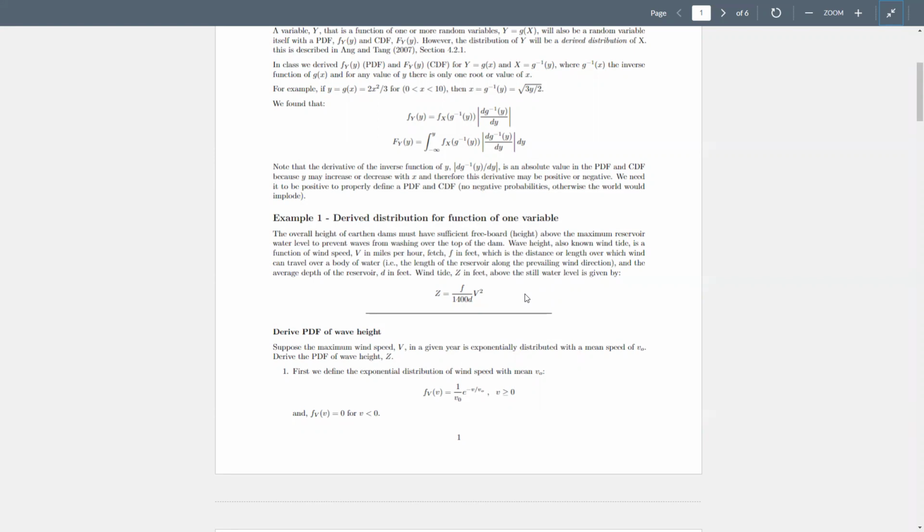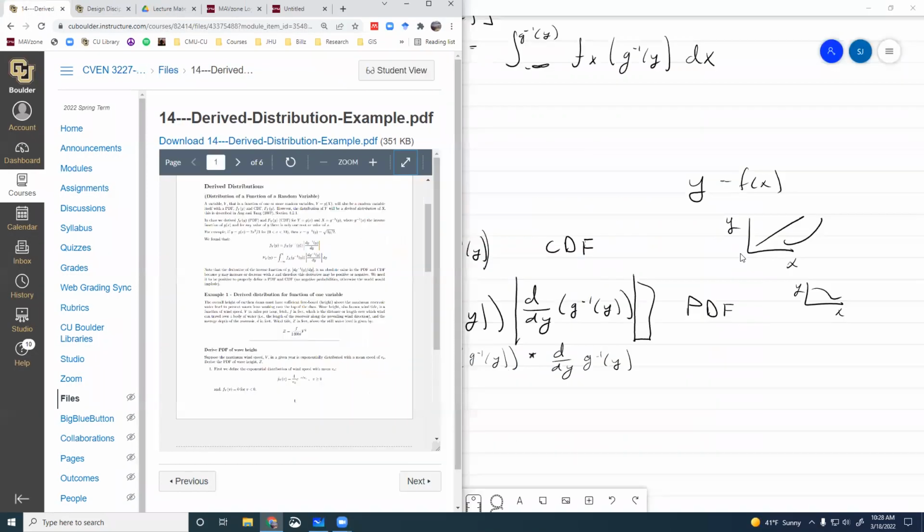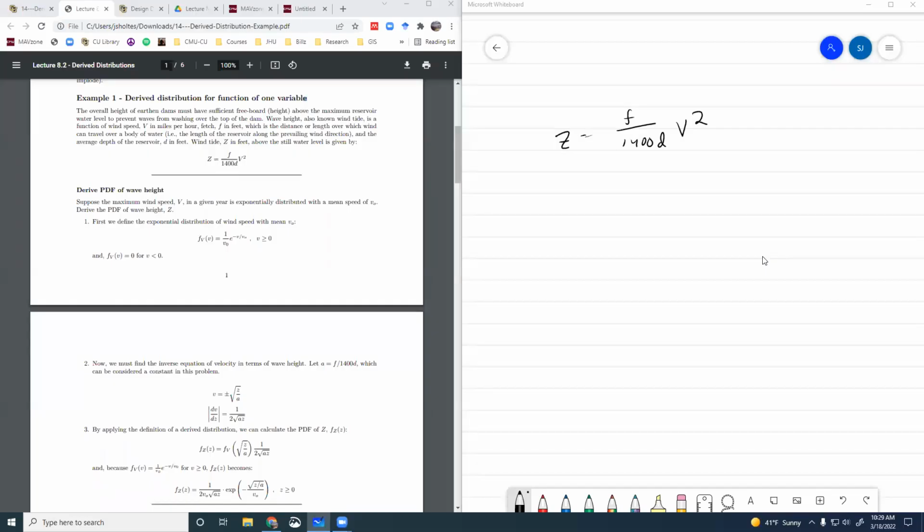So what we can do with this example is take this basic equation, and I think I'll have this side by side. We'll do it together. So here's our equation. And then we're given a distribution, a PDF for the wind speed.